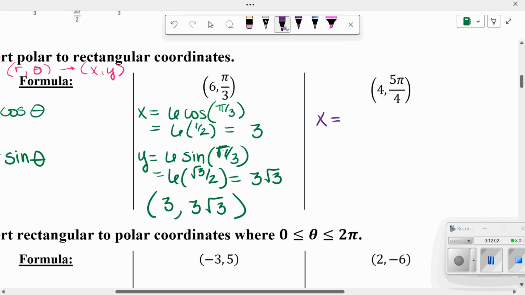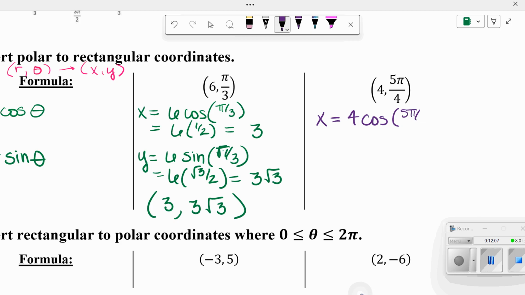Our r value is 4, so we've got cosine of 5 pi over 4. And then I'm going to simplify that. The cosine value at 5 pi over 4 is a negative square root of 2 over 2. And when we reduce that down, we're going to get negative 2 square roots of 2. And then our sine theta is what our y value is.